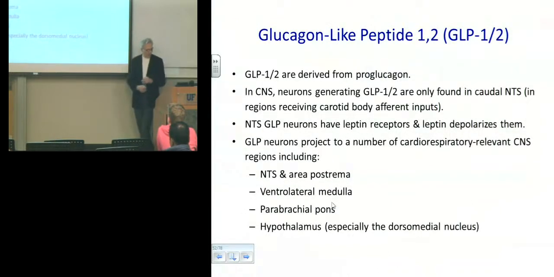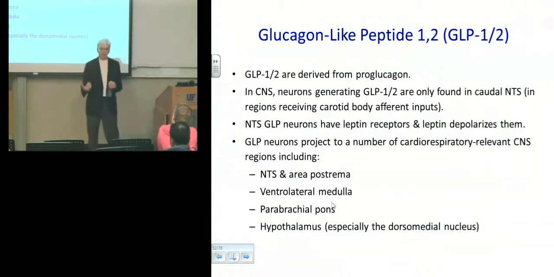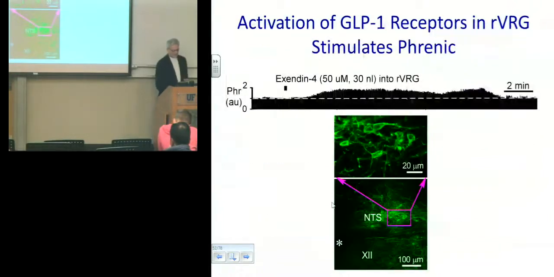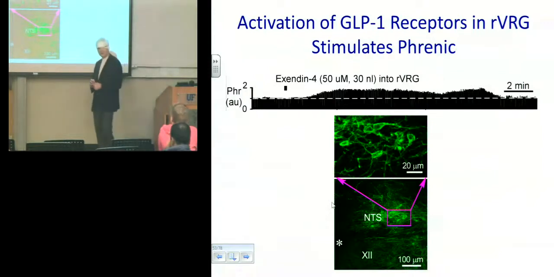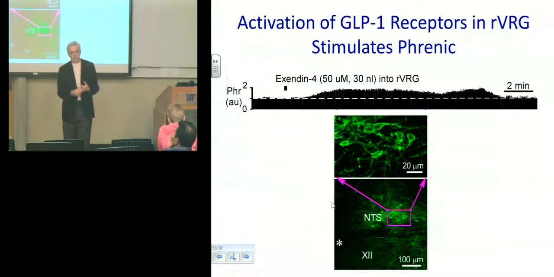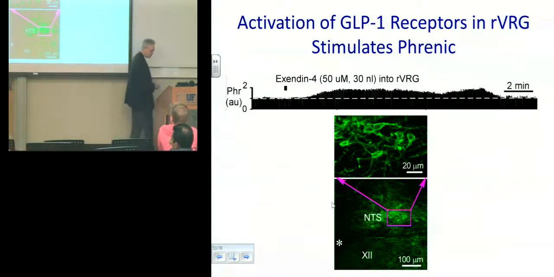And GLP-1 has been shown to be involved in cardiovascular control. So we thought we'd look at it, to see what we could get in terms of mimicking the response to leptin receptor neurons. Ida Llewellyn-Smith from Australia has shown that many of these GLP-1 neurons, or glucagon-like peptide neurons, project to the ventrolateral medulla and do produce changes in cardiovascular control.